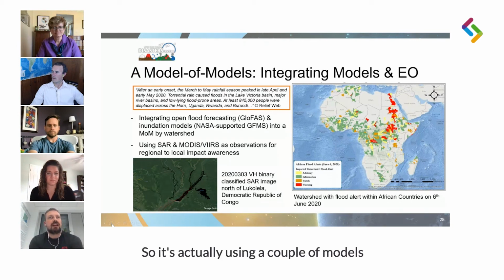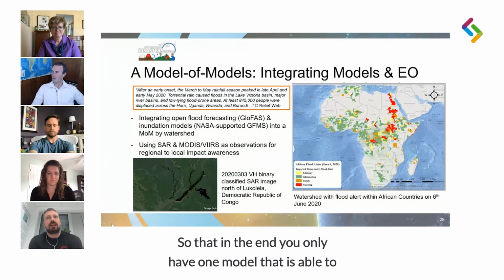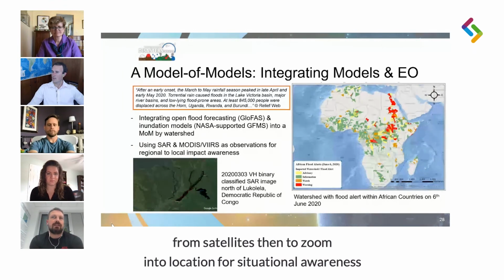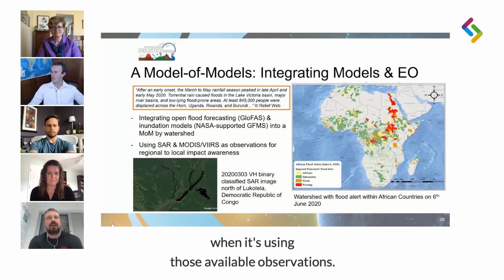So it's actually using a couple of models, but it's trying to integrate all of them so that in the end, you only have one model that is able to alert, predict, and even join with observations from satellites, then, to zoom into locations for situational awareness using those available observations.